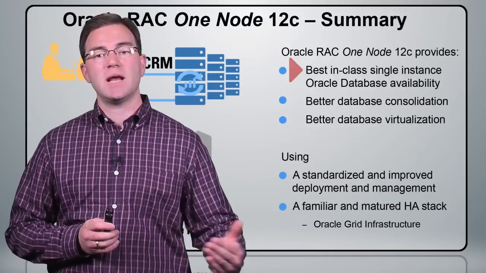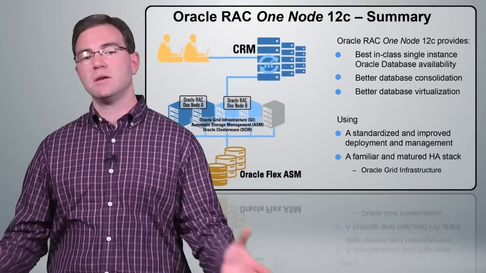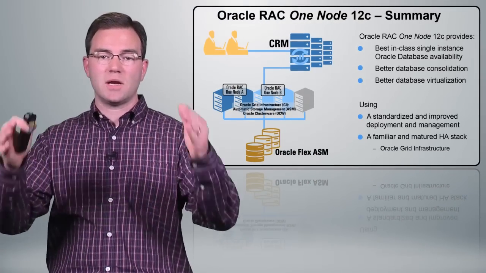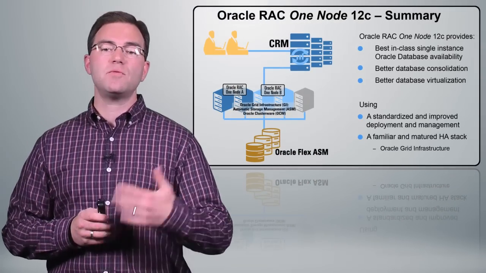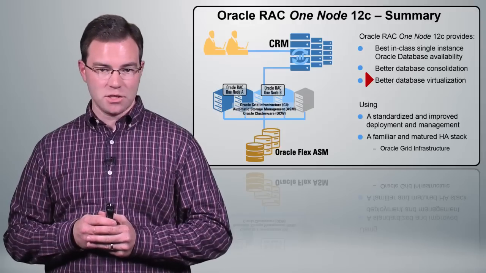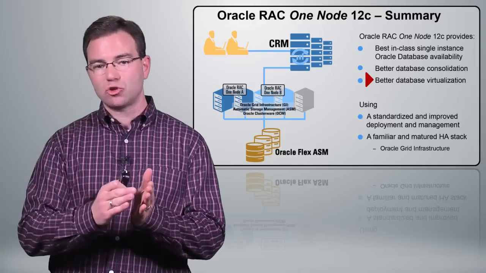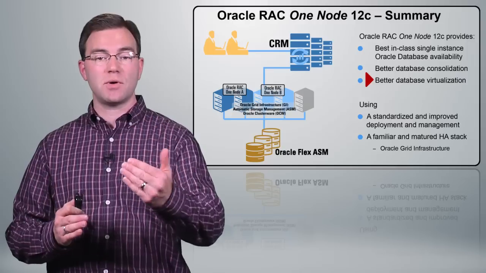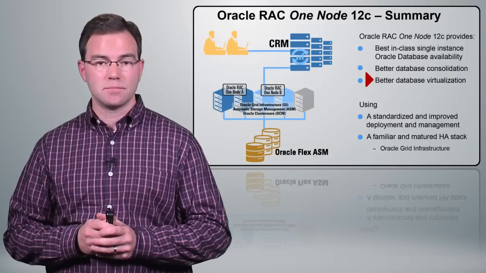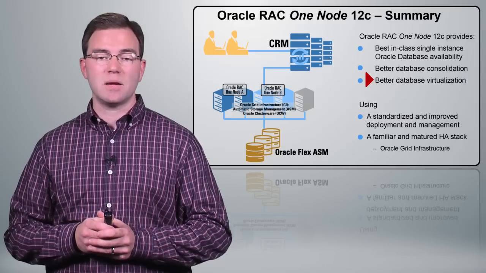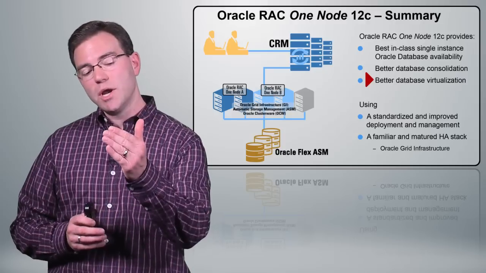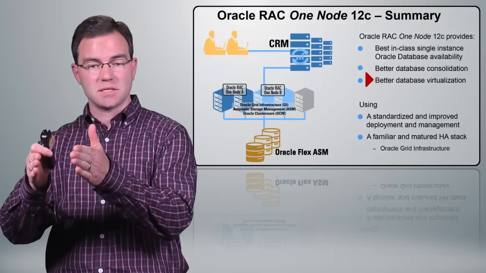It provides better database consolidation, as you can consolidate multiple RAC One Node databases on a cluster, and it provides better database virtualization by means of being able to relocate database instances across nodes in the cluster transparently to the application. That's why we call it online database relocation, and you can do it on a per database basis.